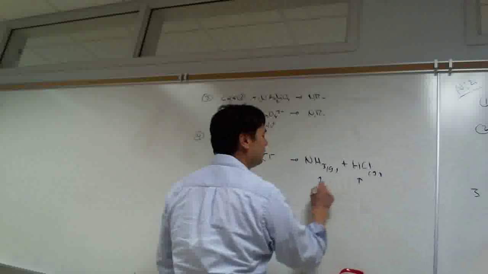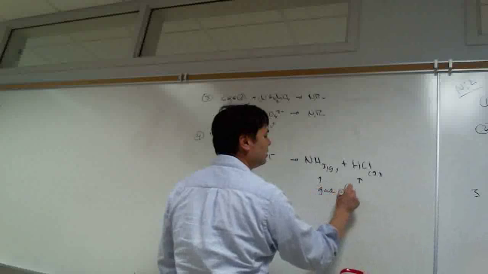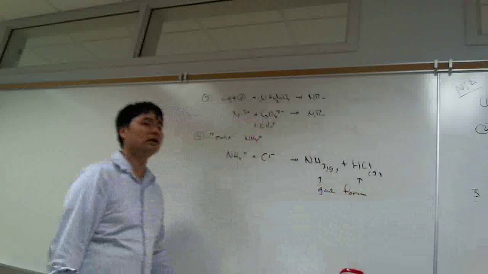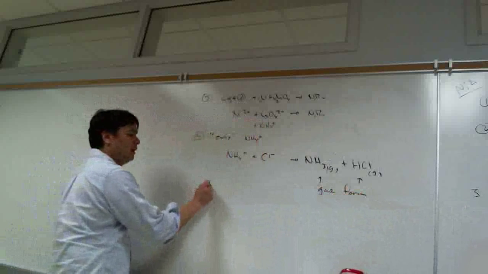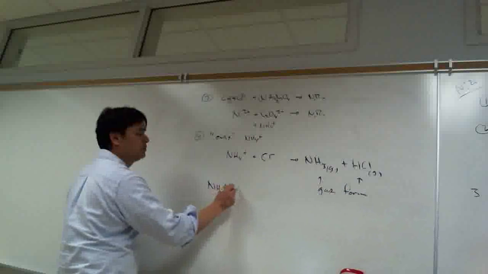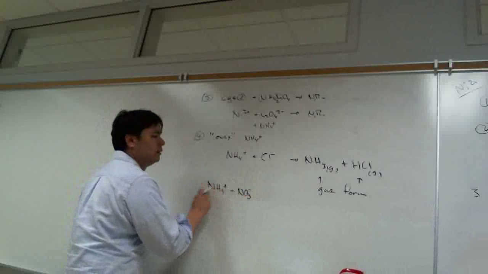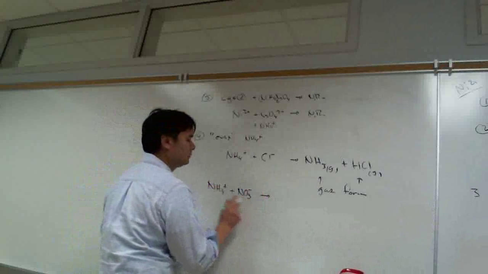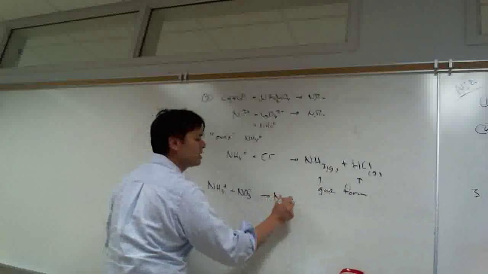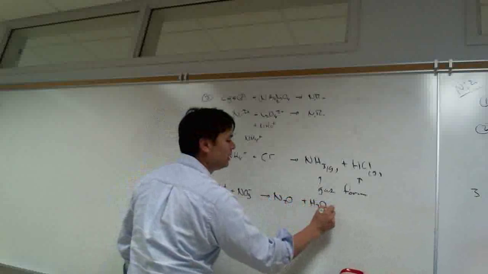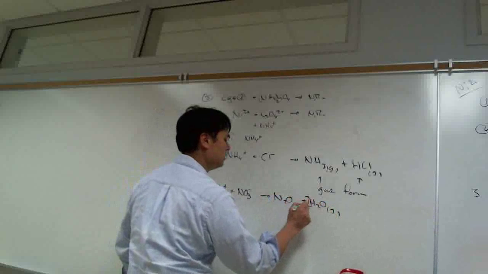We drive these off as gases. There's a gas formation here. If there's nitrate present, which there should be some nitrate present from the unknowns, ammonium and nitrate, or you add it, will form some nitrous oxide and H2O gas. So we'll need 2 of those.